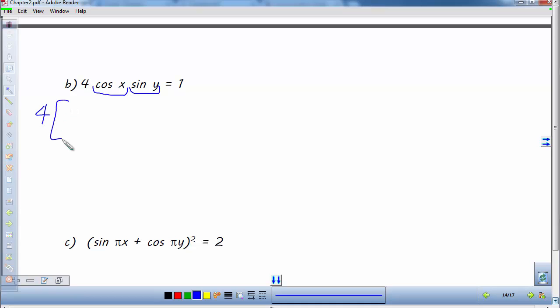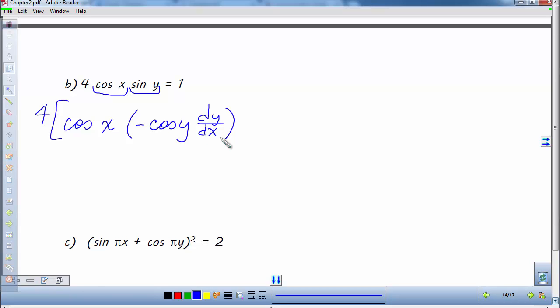And I get my first, which is cosine x, times the derivative of the second. The derivative of sine y is going to be negative cosine y dy/dx.